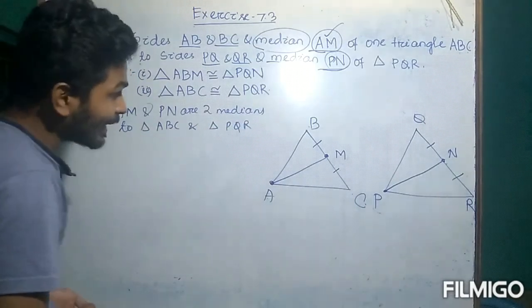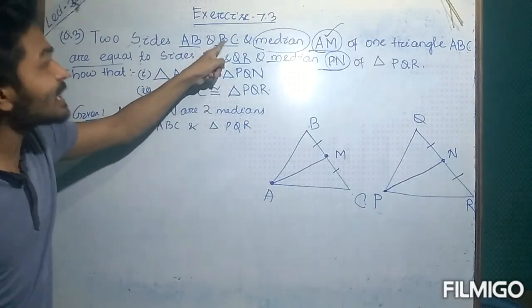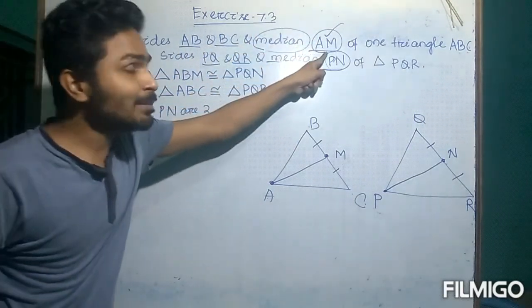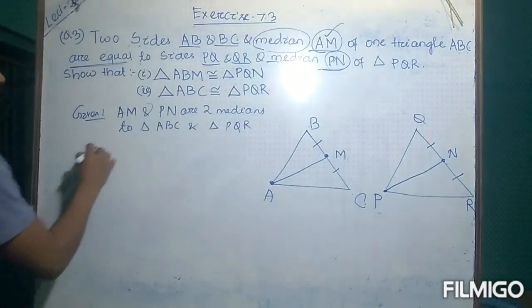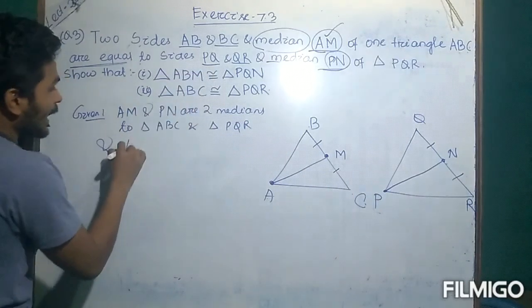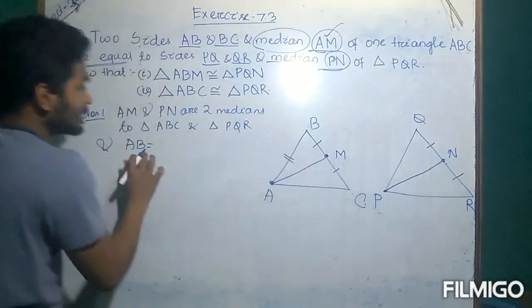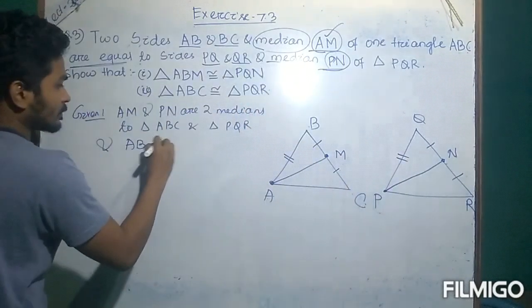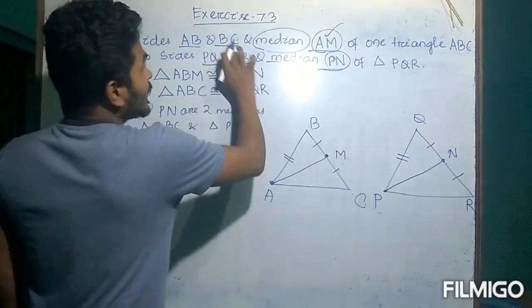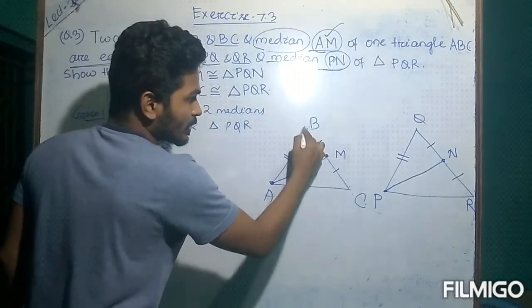Also it is given that AB side is equal to PQ side, BC side is equal to QR side, AM distance is equal to PN distance. It is given, they are equal, and AB is equal to PQ, and BC is equal to QR. That means this total distance.